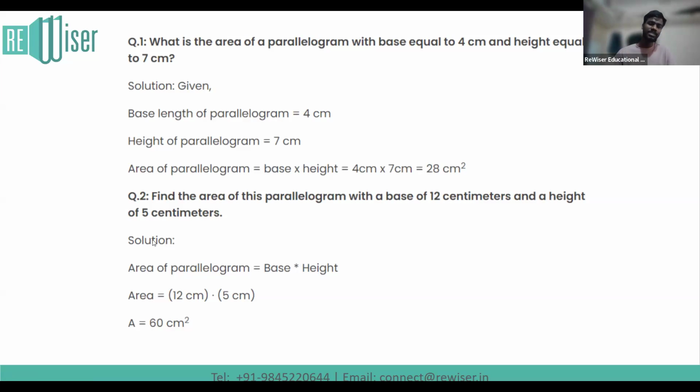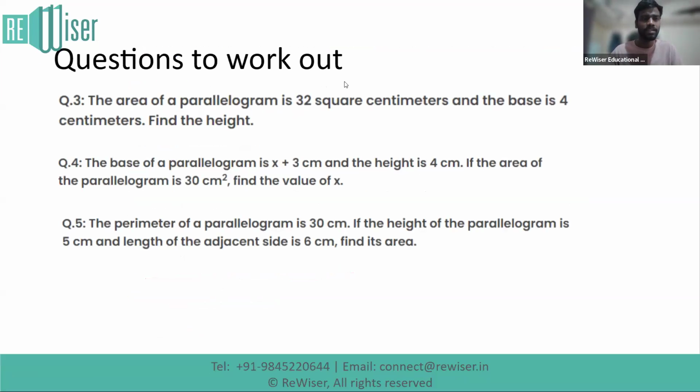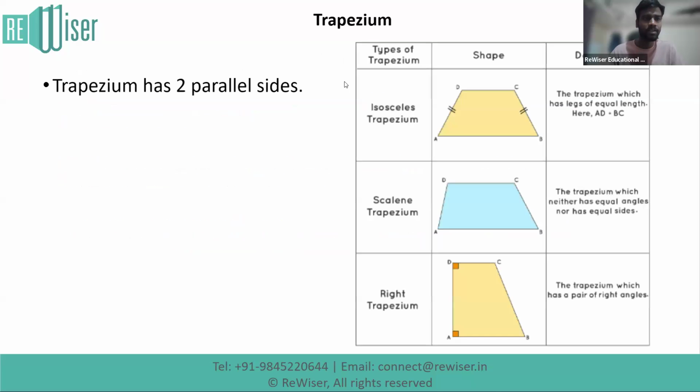In that case, the area of the parallelogram is base times height, which is base 12 and height 5. So that will give us 60 centimeters. And here too, the same thing is given. Next, here we are talking about questions for you.